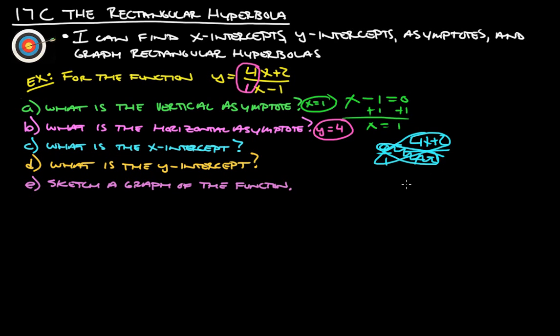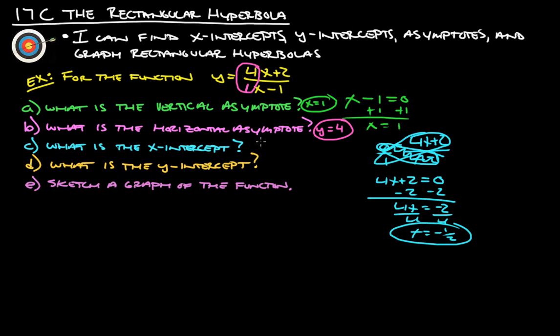So it's basically just going to be 4x plus 2 is going to equal 0. So subtract 2 from both sides and we get 4x equals negative 2, divided by 4. X equals negative 1/2.